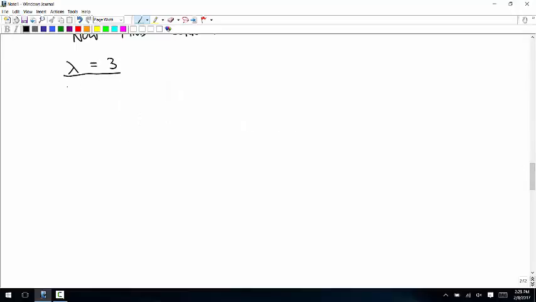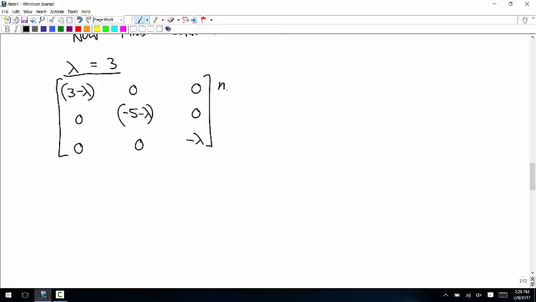Our eigenvalue equation says 3 minus lambda, 0, 0, 0, negative 5 minus lambda, 0, 0, 0, negative lambda, times this normal vector, nx, ny, nz, equal to zeros.